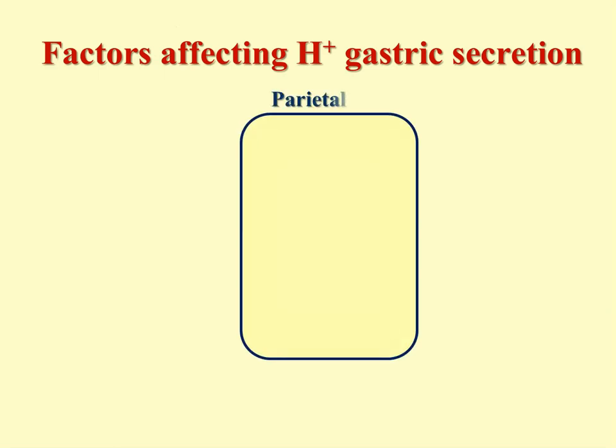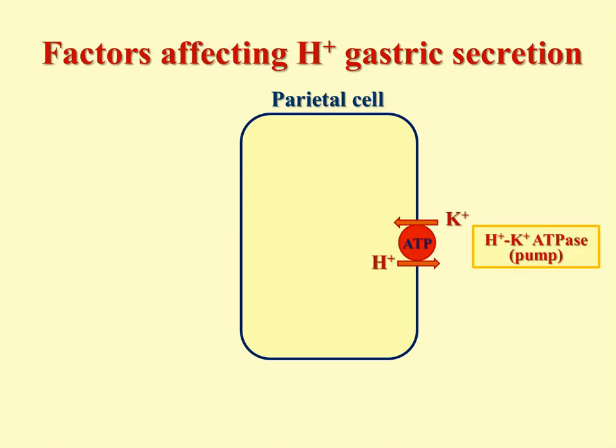Let's consider all the factors that affect hydrochloric acid, or simply H+ ions, gastric secretion. In the parietal cell, the final mechanism of H+ ion secretion is the pump, the hydrogen potassium pump. This pump is stimulated by a number of factors that stimulate secretion.